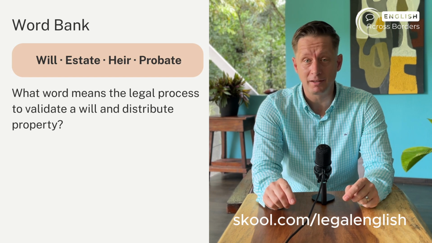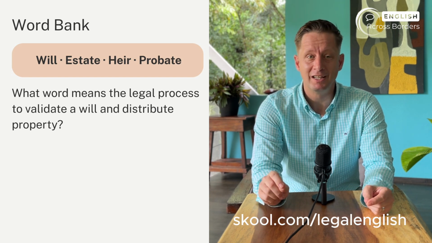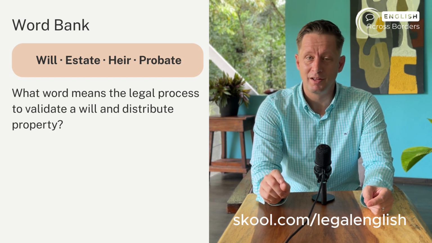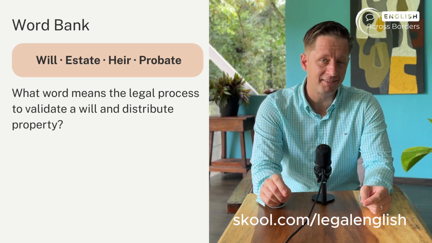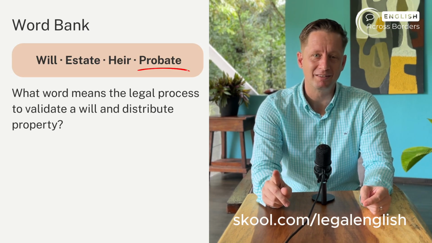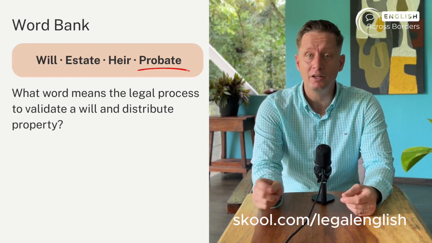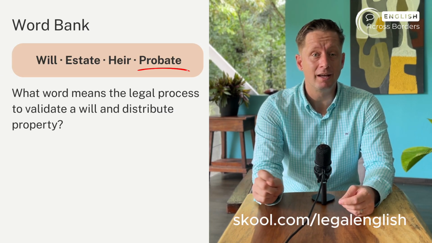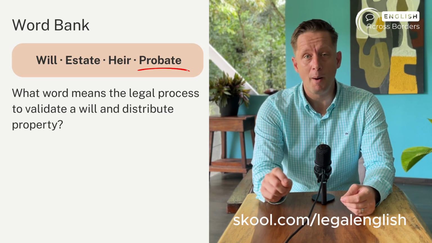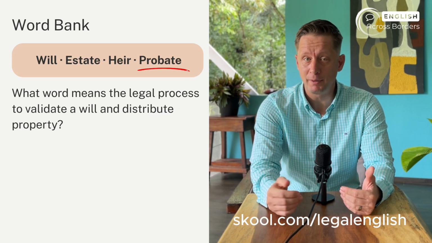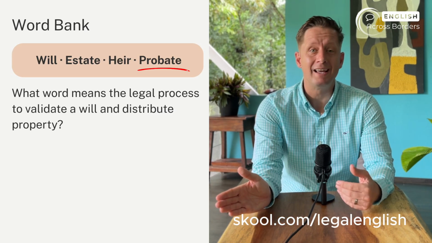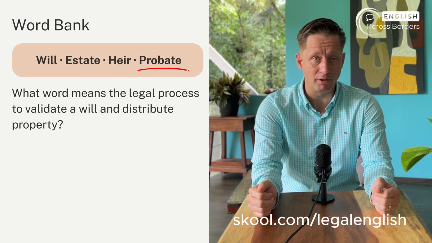This process makes everything official in the eyes of the court. The correct word for this process is probate. So you can say there is a probate proceeding to recognize your heirs and transfer the house. Probate is the step that connects the will to the actual transfer of property.